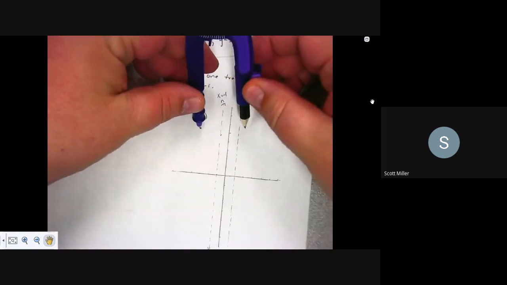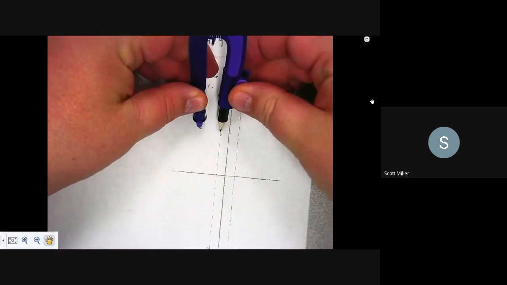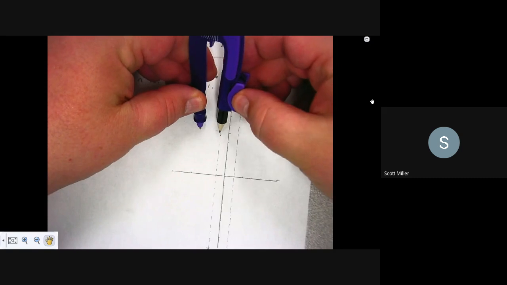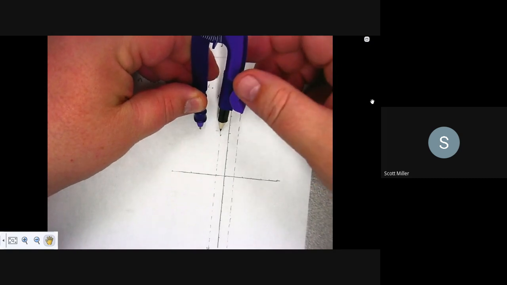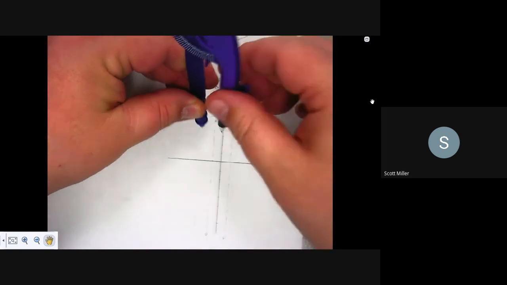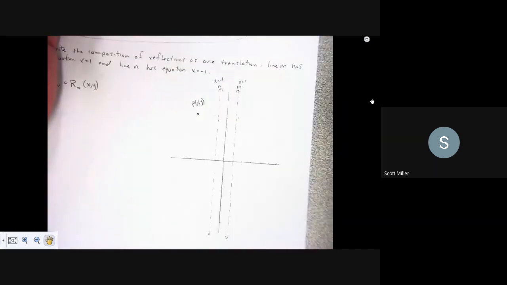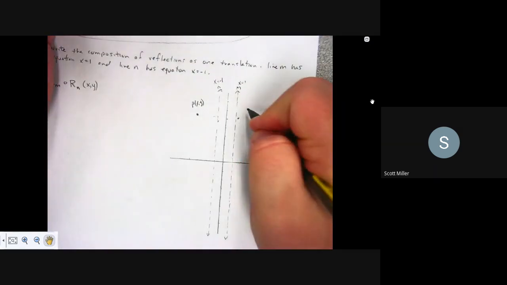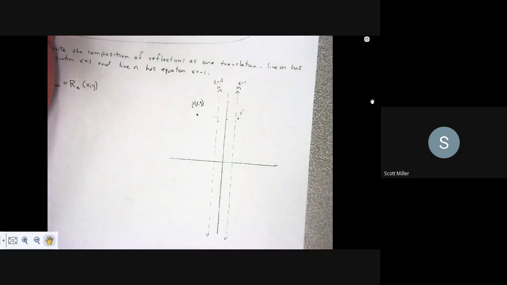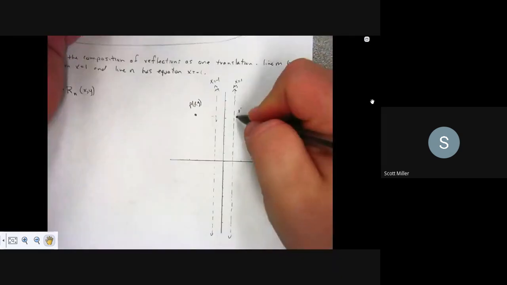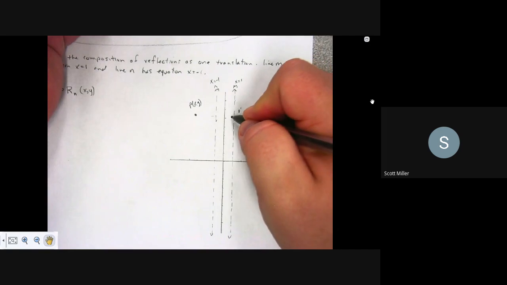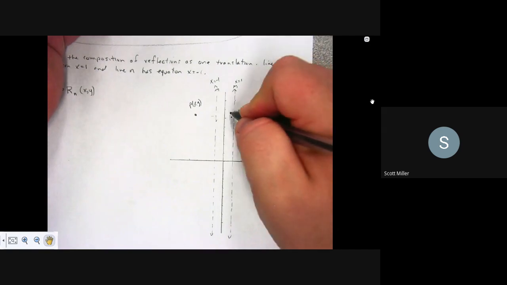So what is that distance? And then straight across, it's going to come across here and put a dot right there. So that is the first image. That's P prime. Okay? And then I find that distance and reflect it across this line, which puts it right there. And that's P double prime.